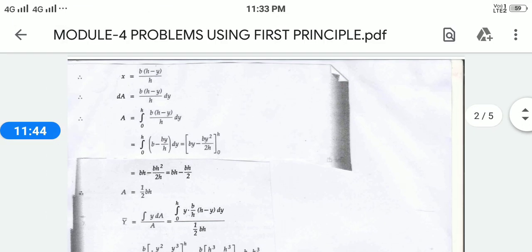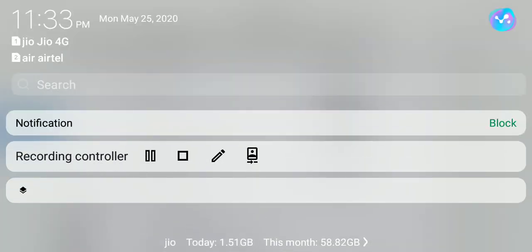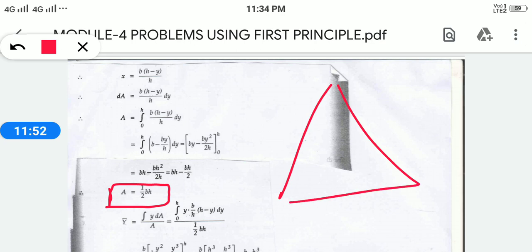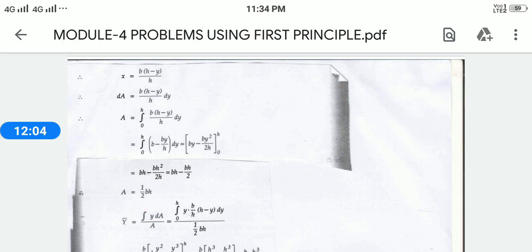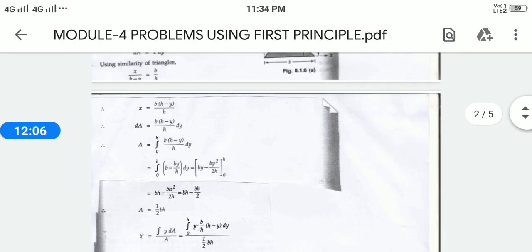Now it is easily assumed that whenever you are doing the sum, the answer should be area is equal to half into bh, because the area of the triangle is half into b into h. This is the constant. For this, you are doing the step and you are getting your area formula. After that, you have to substitute in your y bar value. Why are we not substituting in our x bar value?